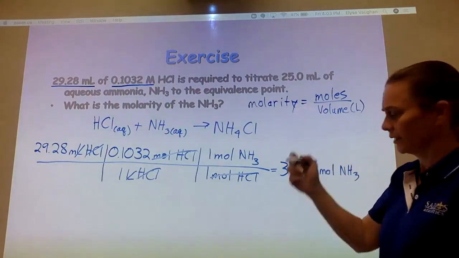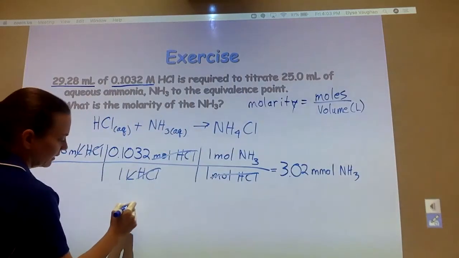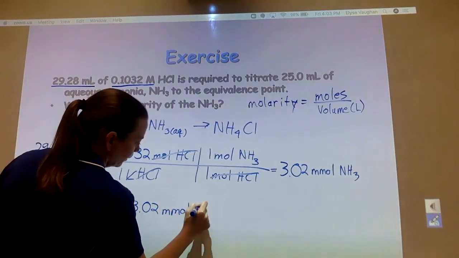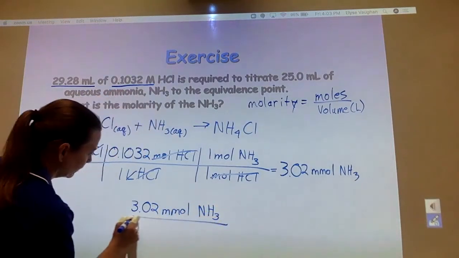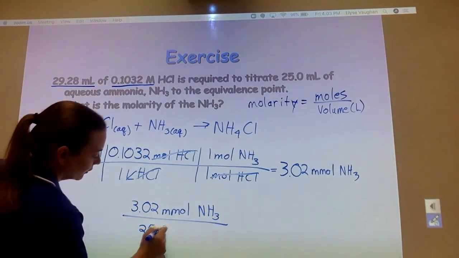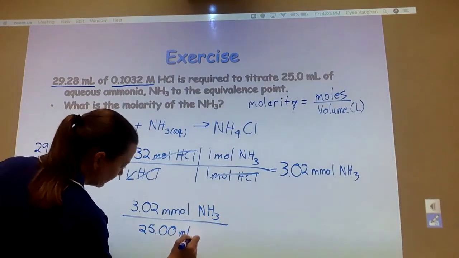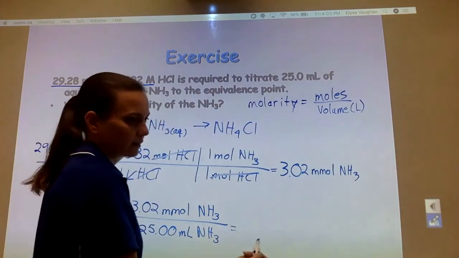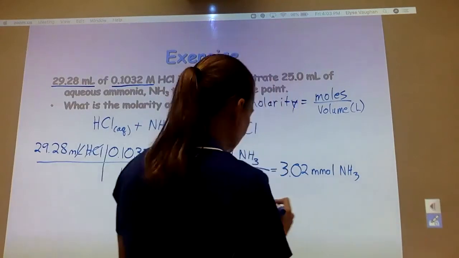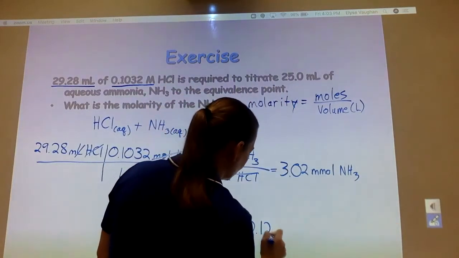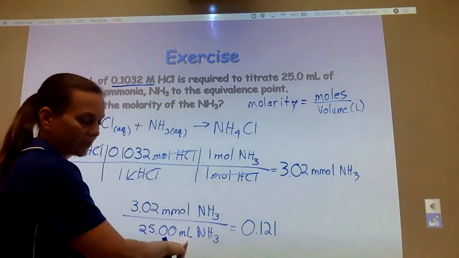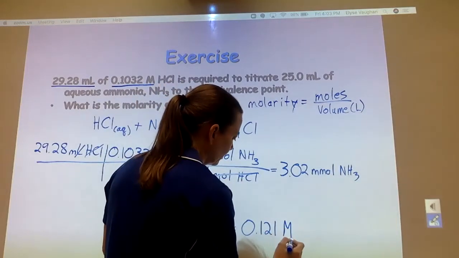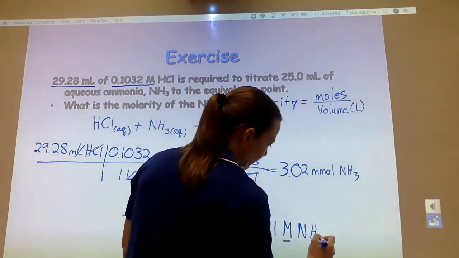But I want molarity. So now if I take my 3.02 millimoles of ammonia and I put it over 25.00 milliliters of ammonia solution, then I get 0.121 millimoles over milliliters, which is the same thing as moles over liters, which gives me molar ammonia.